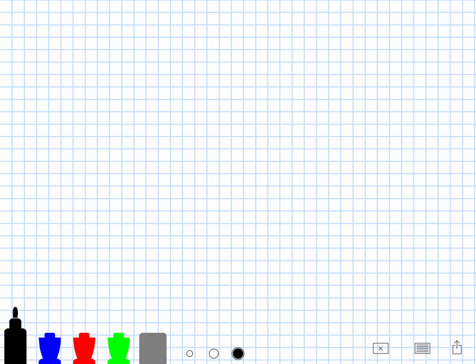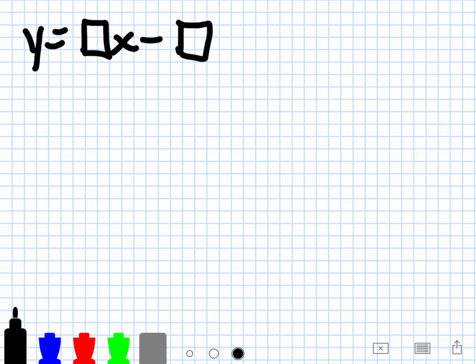All right, welcome back. Let's go ahead and talk about graphing vertical and horizontal lines. So we know that a function usually takes the form of y equals some number times x plus or minus another number, right? Usually. We don't really know what those numbers are. They could be anything.